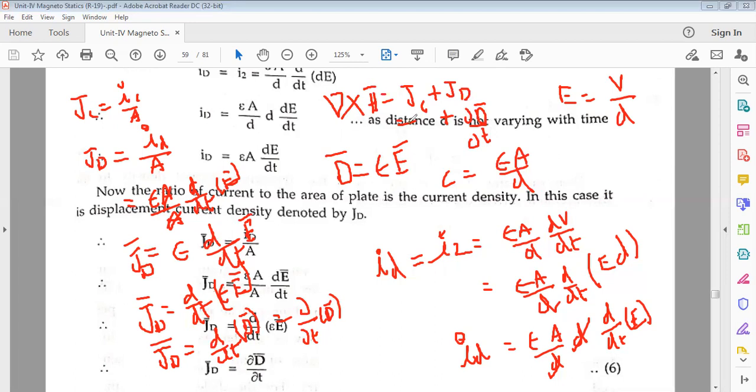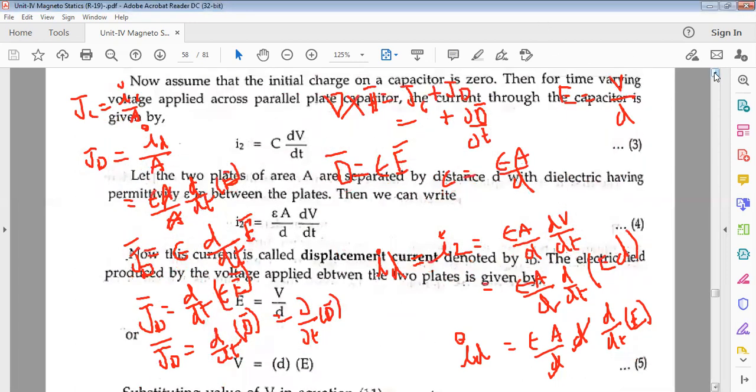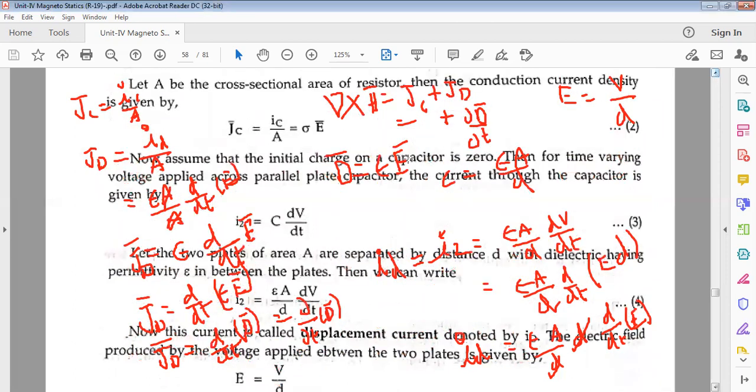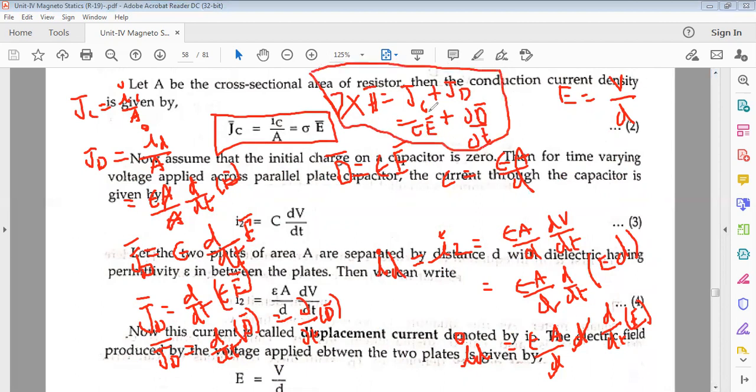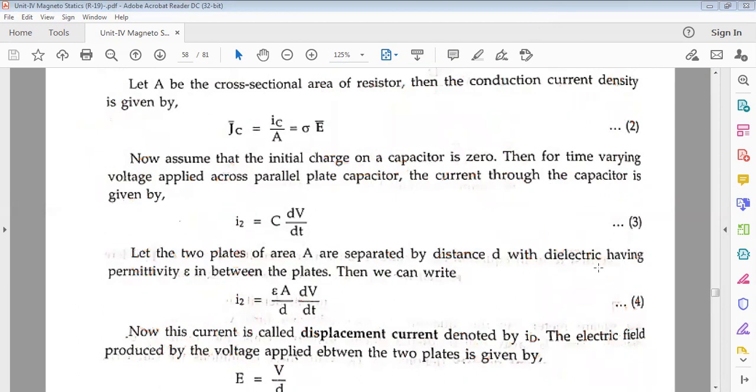And JC we already know: JC is equal to IC by A, and that is sigma into E bar. So del cross H bar is equal to sigma into E bar plus dou D bar by dou t. Got it, my students?